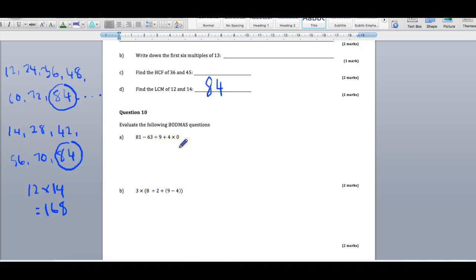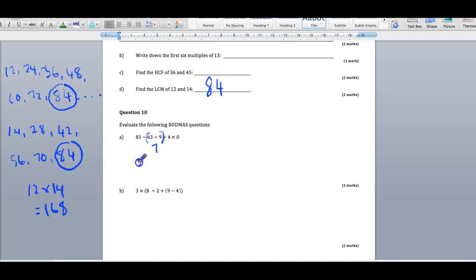Evaluate the following BODMAS questions. Okay, so some people did not do the order. BODMAS, remember the order that we do things in, and we always do the division or multiplication first. So let's work that out. Okay, and if you wanted to, you can write the 7 there.